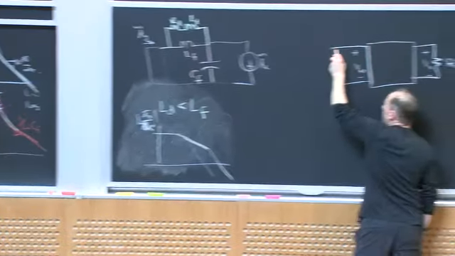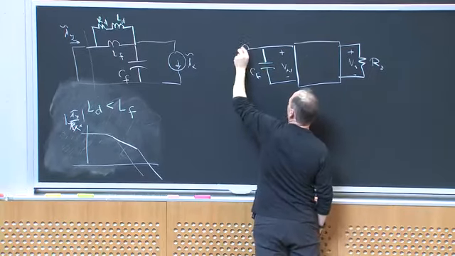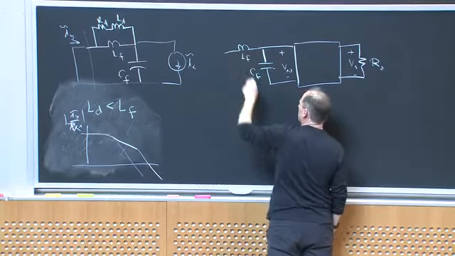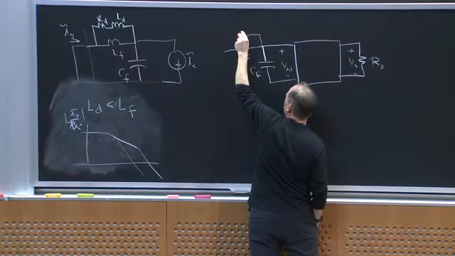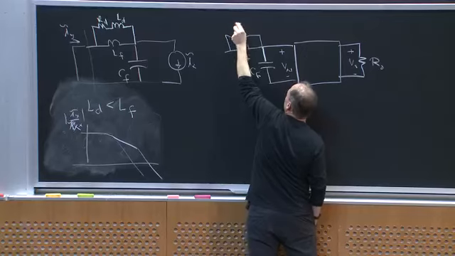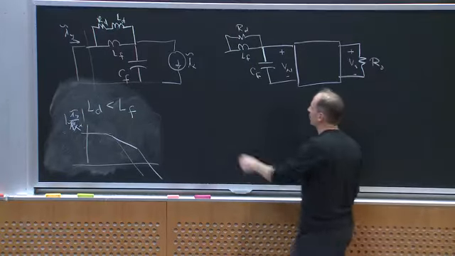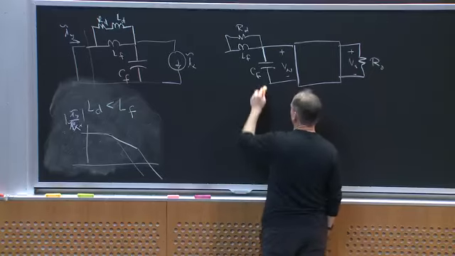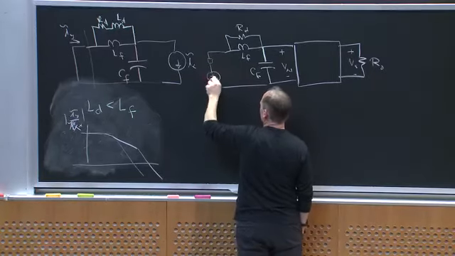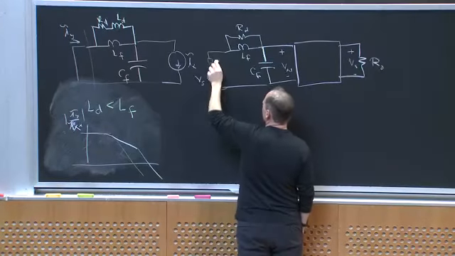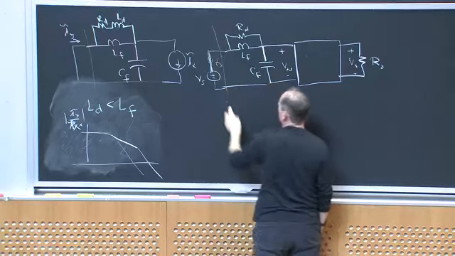Here's CF. Here's LF. Okay. I'm just going to use a simple resistive damping leg, RD, just for simplicity's sake. Okay. And now this is going to get connected to my power source, right? So here is Vn, or I'm going to call this Vs and Zs. But again, let me just consider the case where Zs is 0 for simplicity.